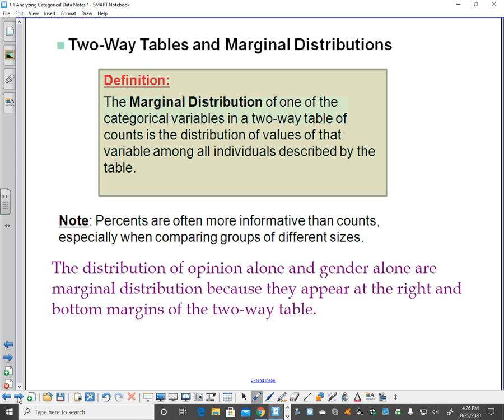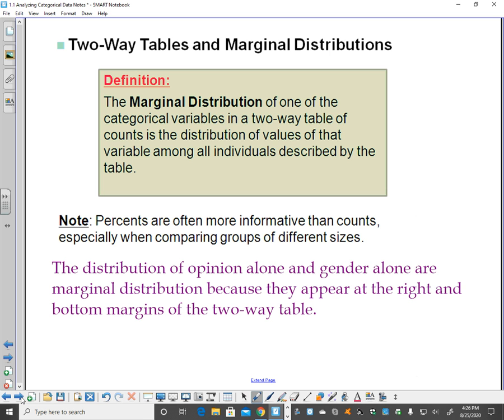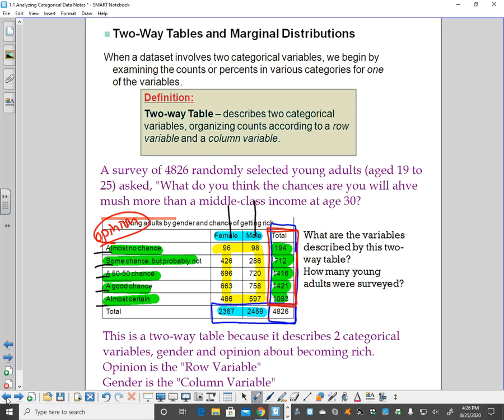Okay, the marginal distribution of one of the categorical variables, so not both, just one of them, you pick one, in a two-way table, well, that's a two-way table, is the distribution of values of that variable, and that variable only, among individuals described by the table. So if I'm talking about a marginal distribution, I am only talking about the distribution of opinion, or I am only talking about the distribution of gender.